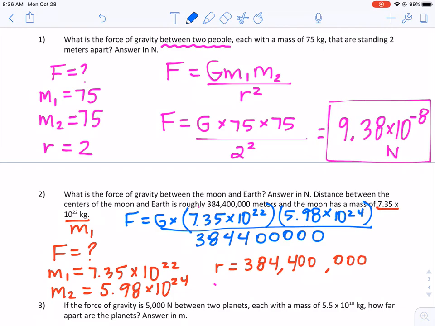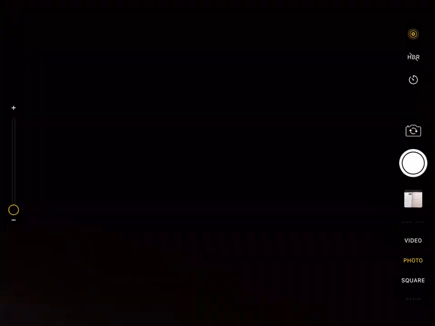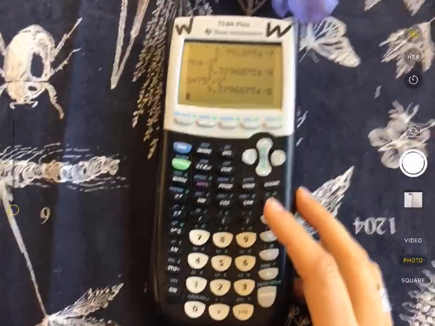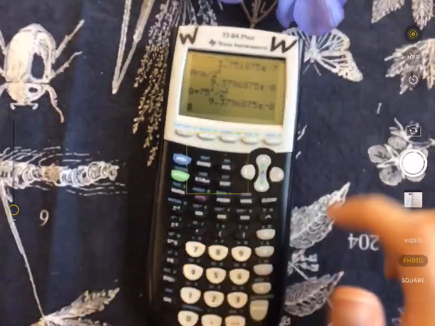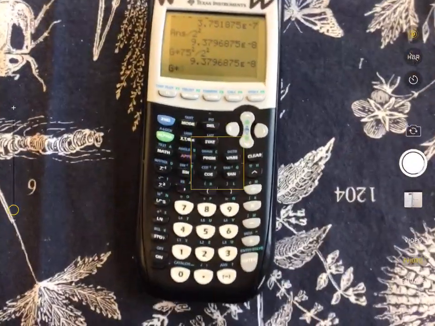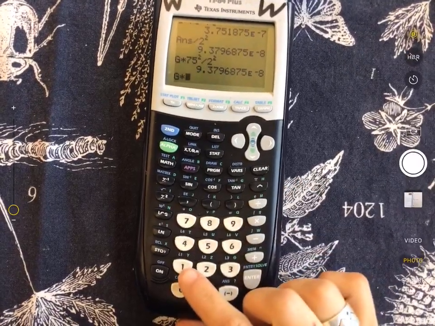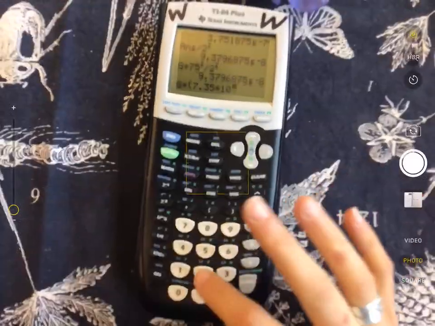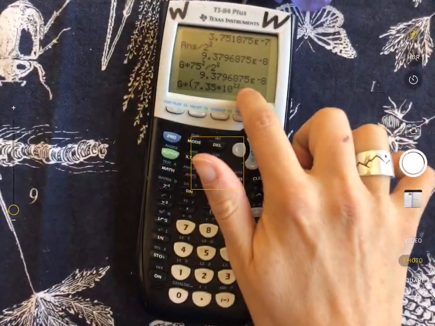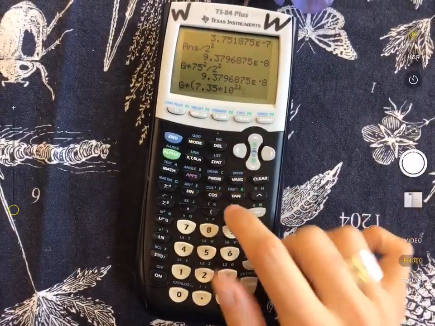So get out your calculator and actually solve this one. Make sure you can type into your calculator this process to get the right answer. Otherwise, when you work on Quest, you're going to be really confused at how the right answer is received. So alpha G times parenthesis. Now notice my cursor's up here. I have to drop it down.